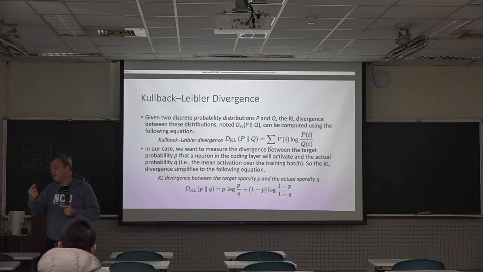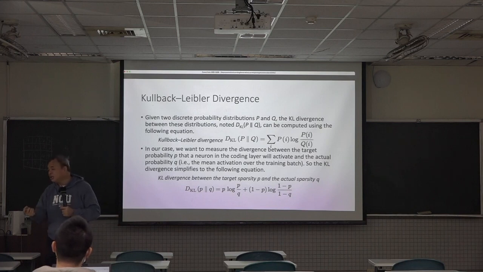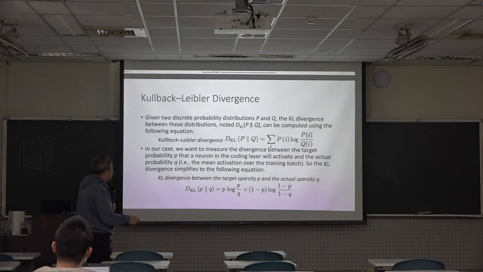Maybe the target sparsity is 0.1, that means 10%. That's our distribution, represented by a value p. If our target probability is p and the current activation is q, then the KL divergence computation can be converted to something like this.